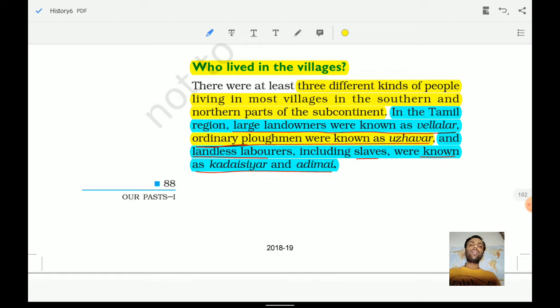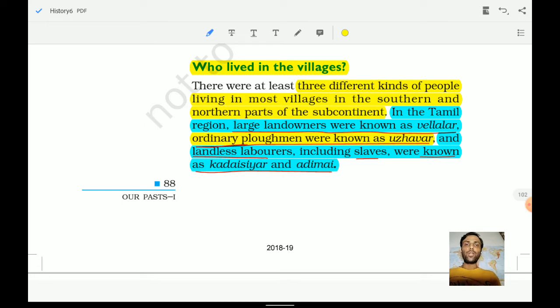Different people must have moved from different kingdoms. Traders were coming, trade was going outside, export and import were happening. That is how different cultures amalgamated, and people's movement was also happening. So who used to live in those villages becomes an important thing for us to understand. Three different kinds of people lived in most villages in the southern and northern parts of the subcontinent.